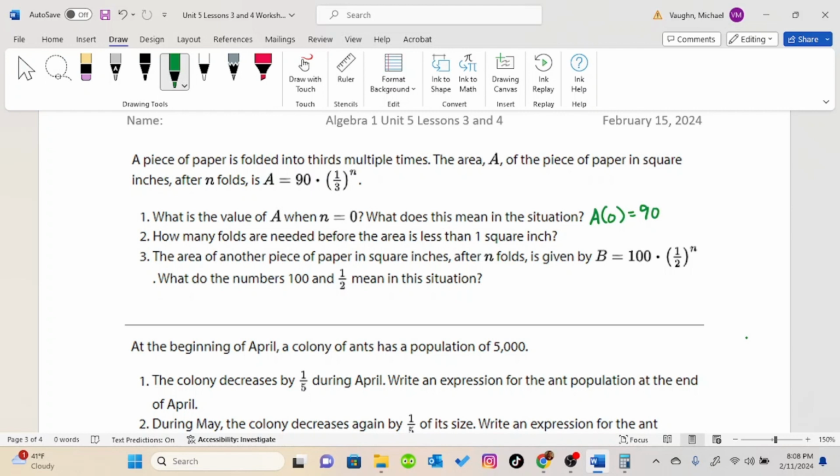And that means the original area is 90 square inches.